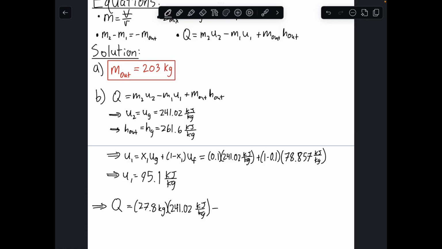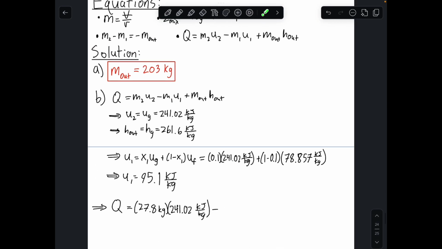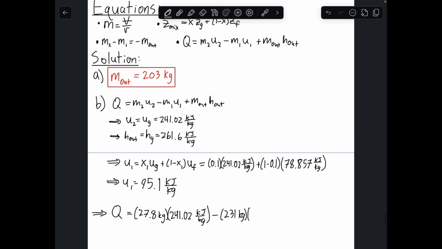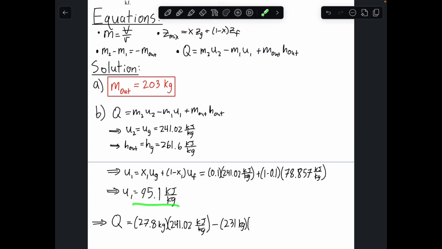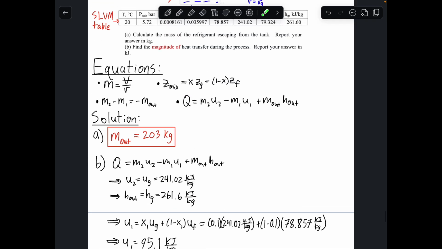Then we're subtracting m1, which is up here, 231 kilograms times U1, which we just found is 95.1 kilojoules per kilogram. And then we add our m out, which we found in the last part as 203 kilograms, times the enthalpy at the outlet, right?